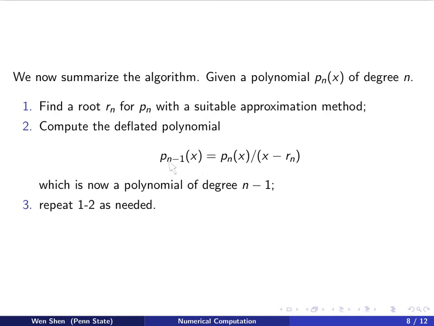We write it n minus 1 to denote the highest power now. So this is just Pn divided by x minus Rn. And then we repeat steps 1 and 2 as needed. Such an algorithm can be easily coded in Matlab, provided that the function Horner is already coded, which would compute the deflated polynomial.